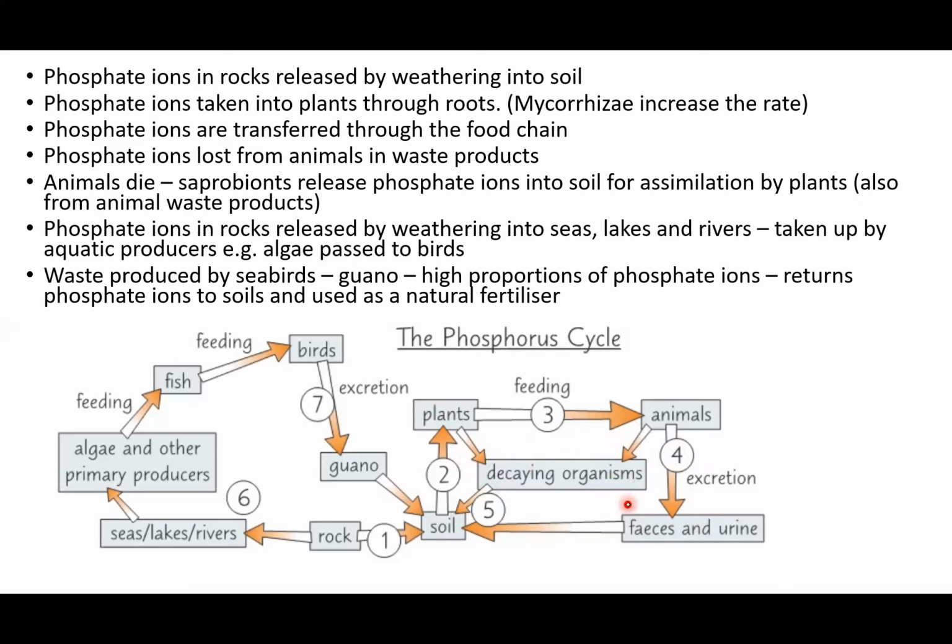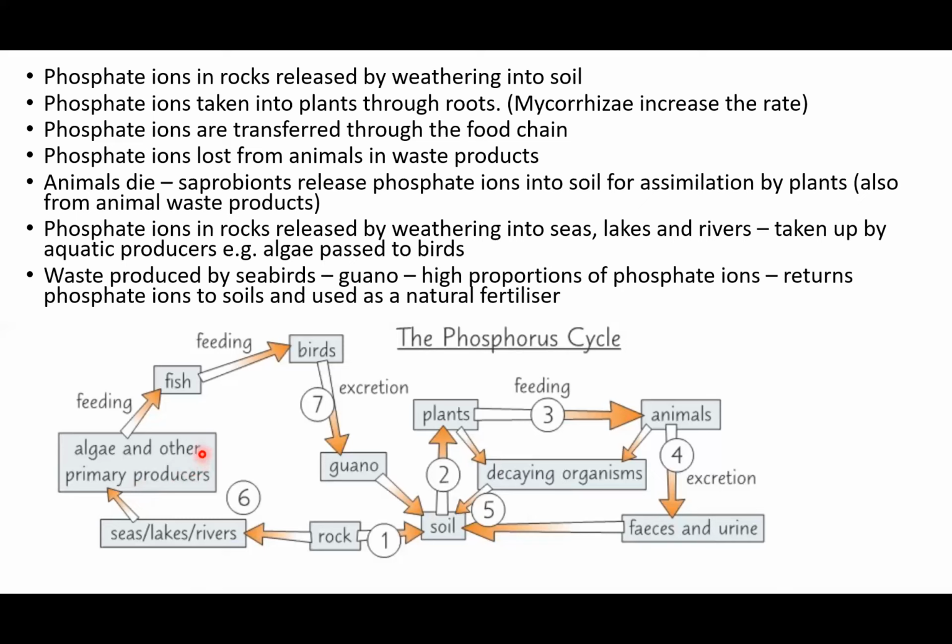But we've also got this other part of the phosphorus cycle. Rocks can also release phosphate ions by weathering, but instead of into the soil, it can be into the seas, lakes, and rivers. When the phosphate ions are released into the seas, lakes, and rivers, they are then taken up by aquatic producers, things such as algae and other primary producers found in water.